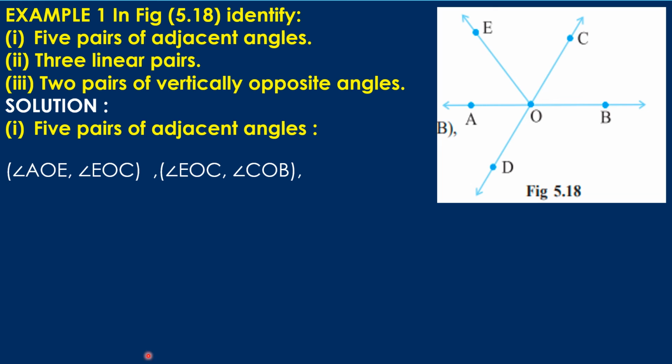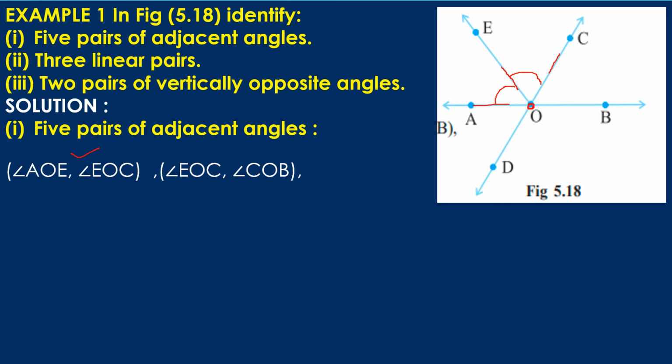The first pair of adjacent angles is AOE and EOC. These two are said to be adjacent because we have a common vertex, one common arm and two non-common arms. Therefore, this is a pair of adjacent angles.